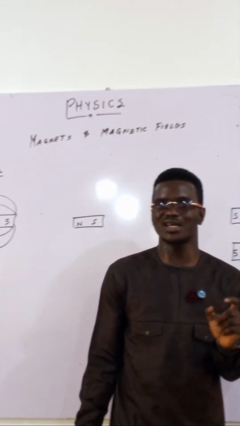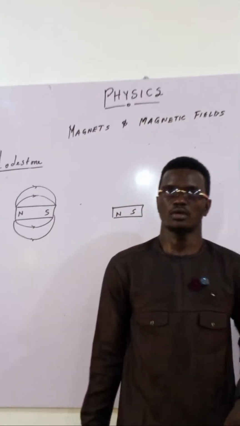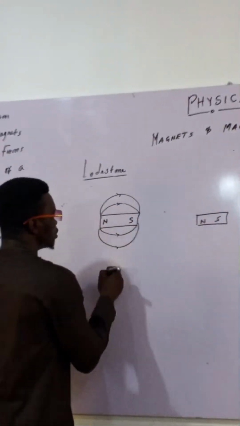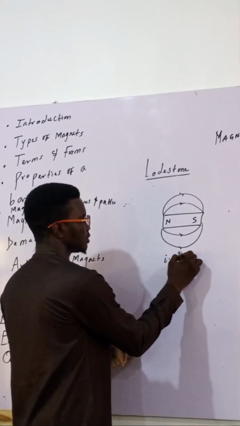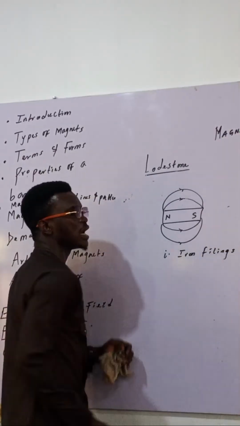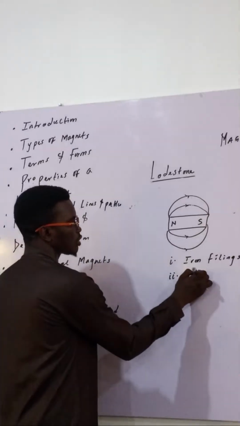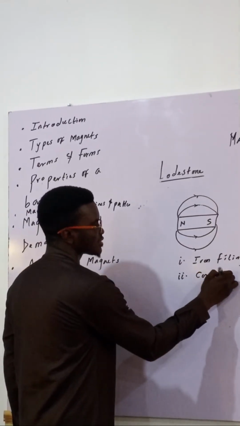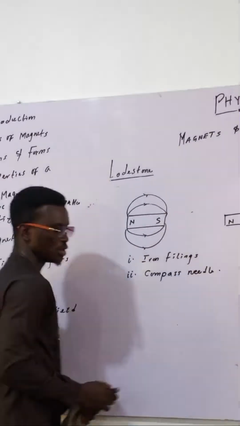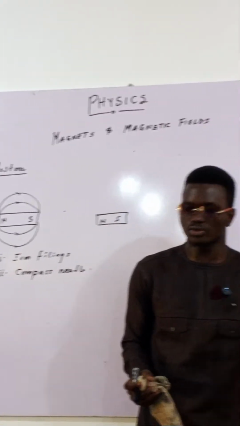Magnetic field patterns can be determined using one, iron filings, and two, compass needle.